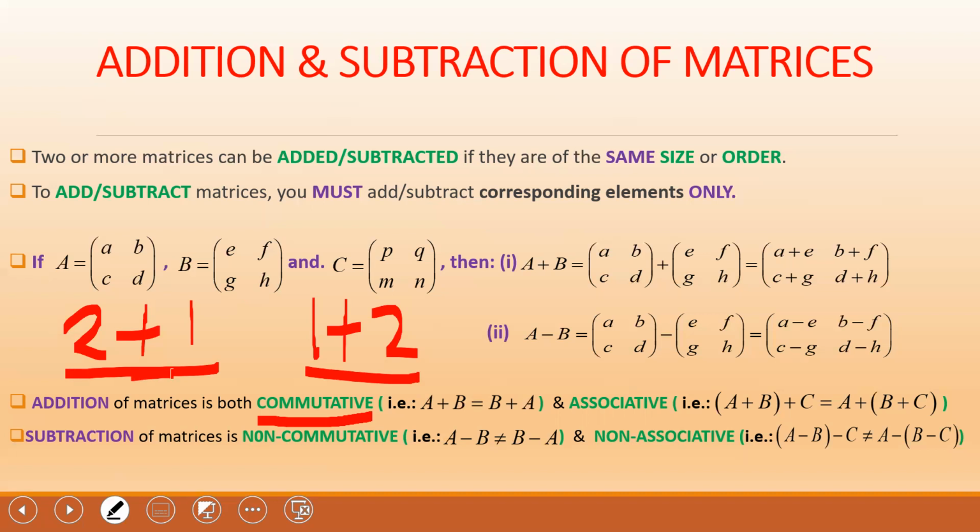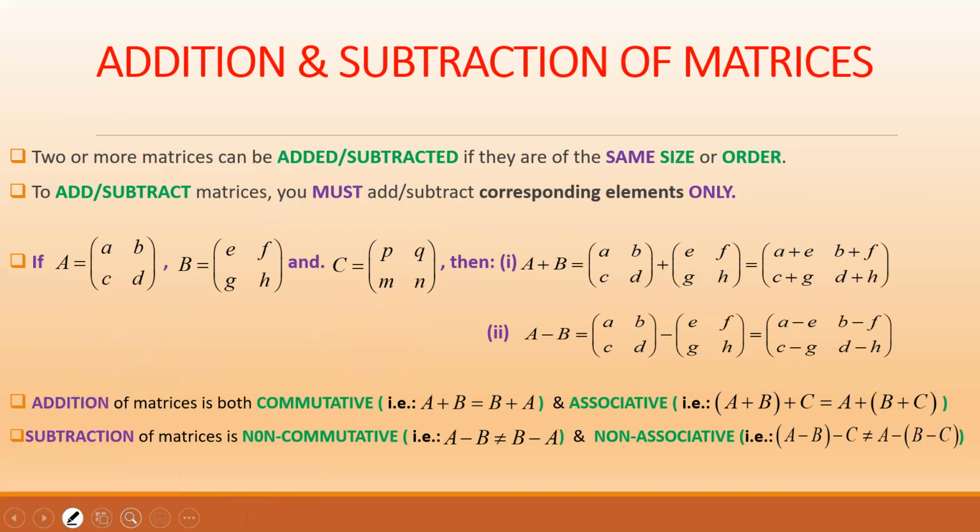So for the commutative property, guys, you are interchanging the elements, and if having interchanged them and carried out the operation, you get the same result, it means that that operation is commutative.